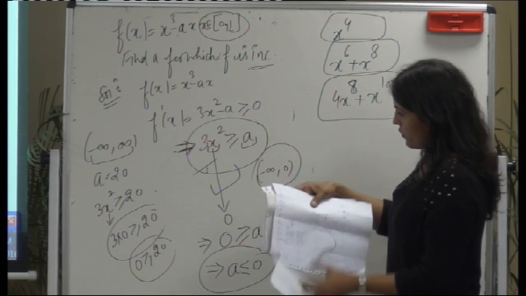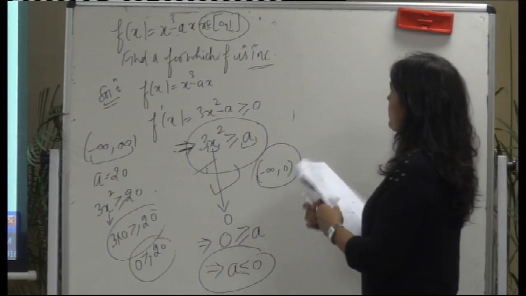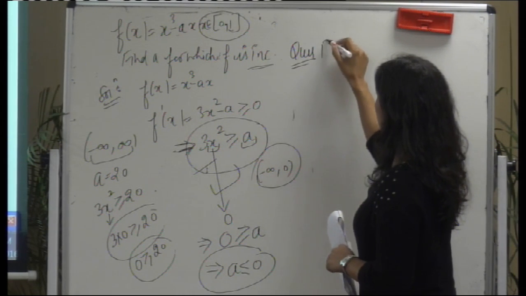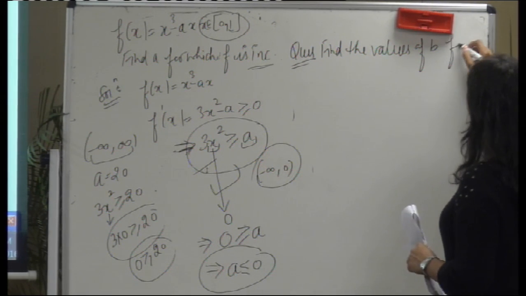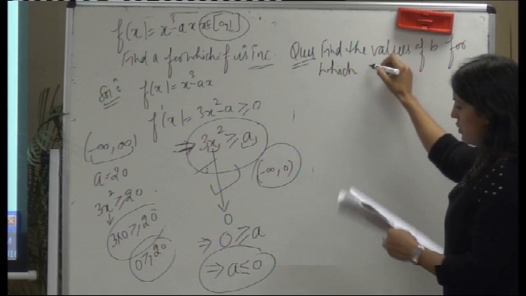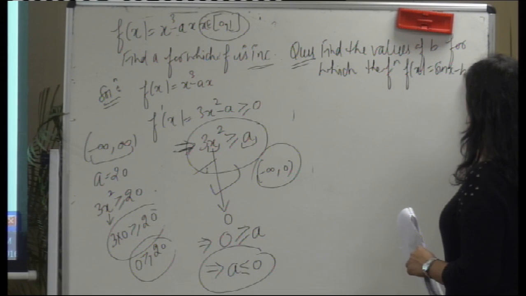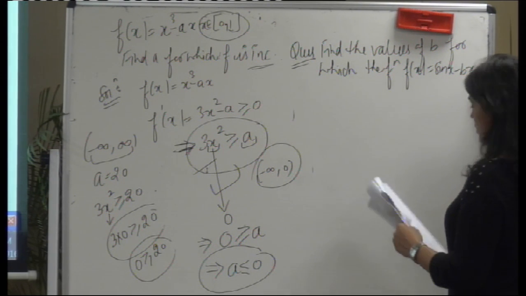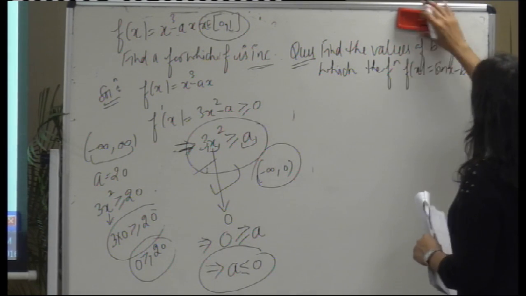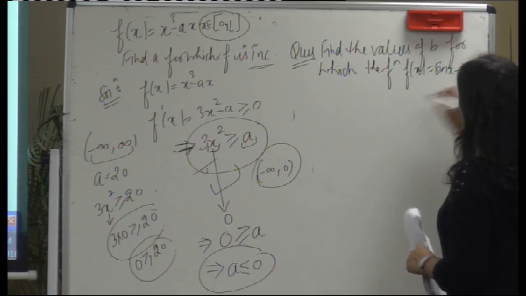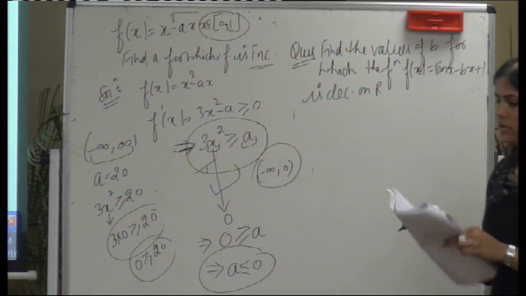Okay, now what about this function? Find the values of b for which the function f(x) = sin x minus bx plus 1 is decreasing on R. This is also a good one.